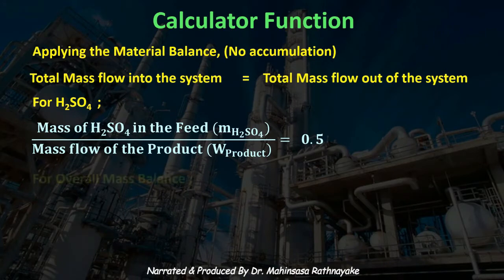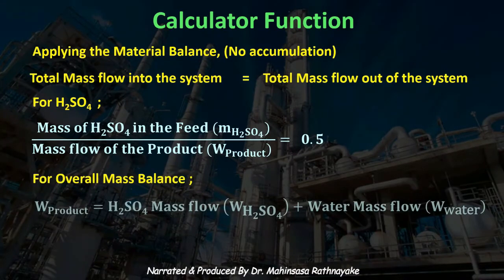The overall mass balance gives us another equation, that is W sub product equals the feed mass flow rate of H2SO4 solution plus the feed mass flow rate of water. Let's symbolize the feed mass flow rate of H2SO4 solution as W sub H2SO4 and the feed mass flow rate of water as W sub water.